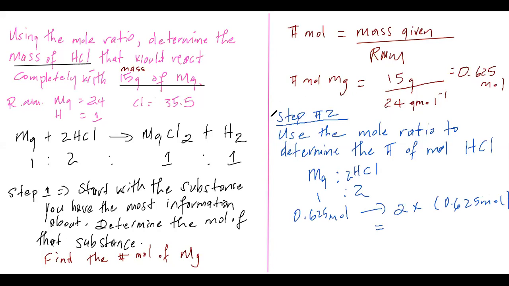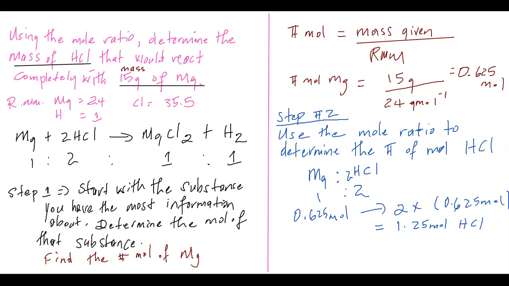And if we had 2 times that amount, that means that we would need 1.25 moles of HCl in order to completely react with that 15 grams of magnesium.